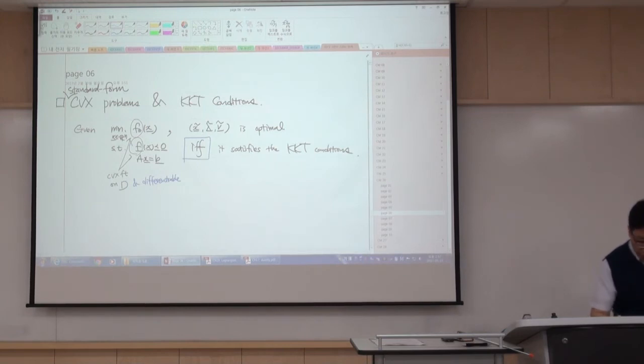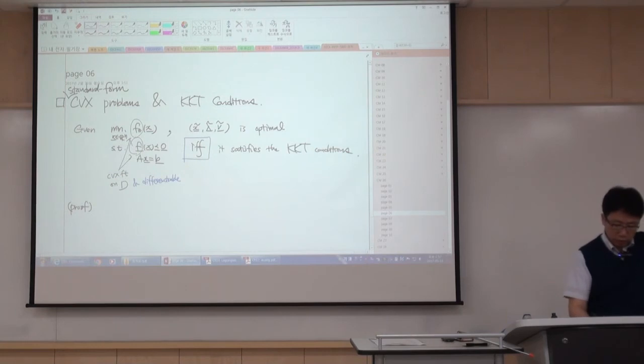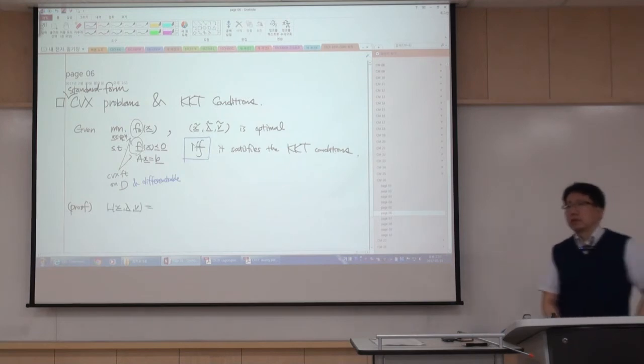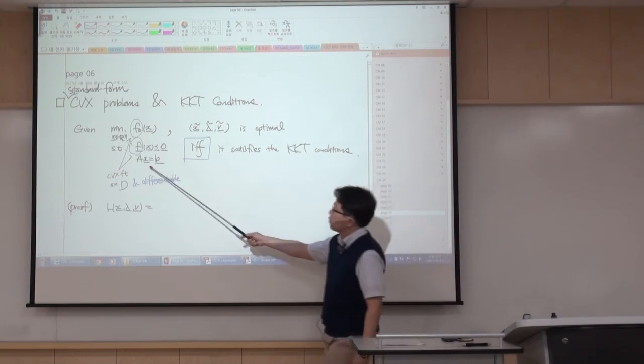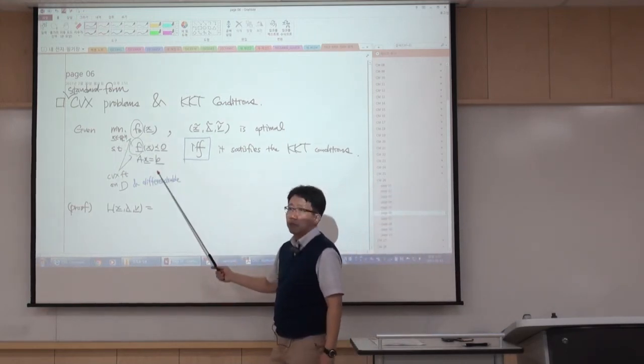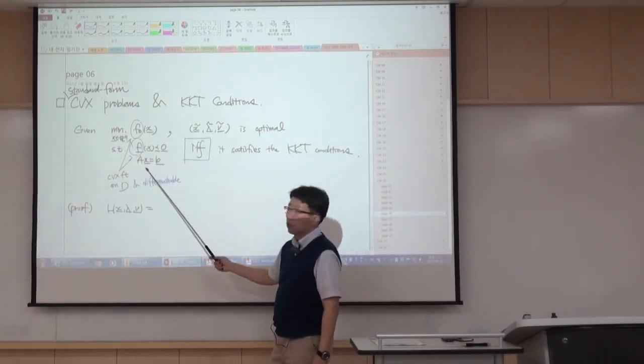Now let's prove this result. Let's take a look at the Lagrangian. The Lagrangian is a little bit different due to our assumption that this problem is in the standard form.